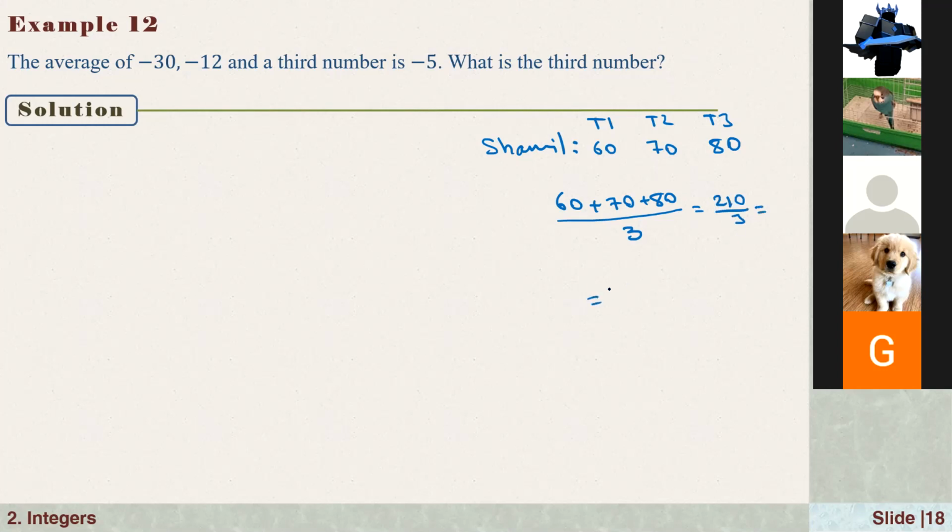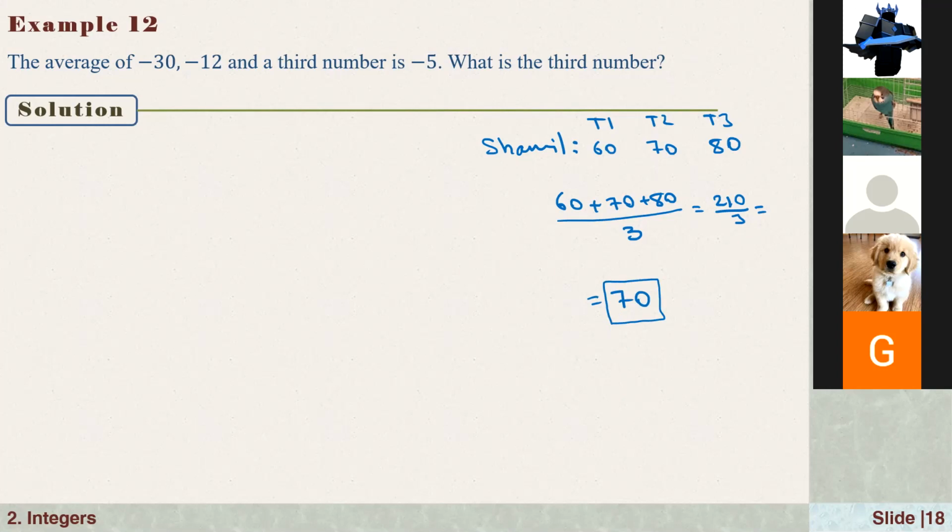At the end of each quarter, we should give one score to Shamil, and that's just the average score. So the average score of Shamil is 70. I will put this score into his report card. So the average math test score of Shamil is 70.